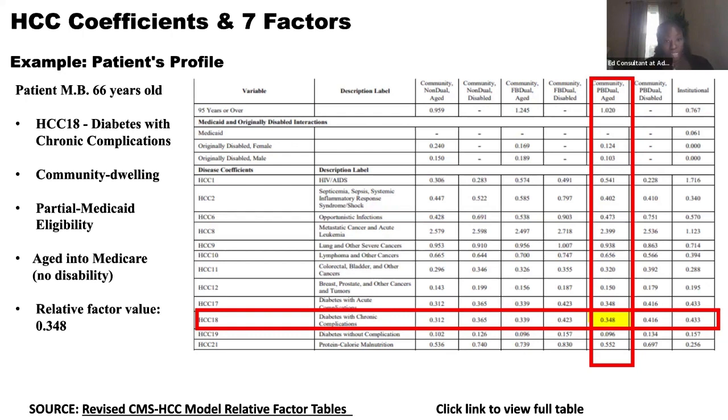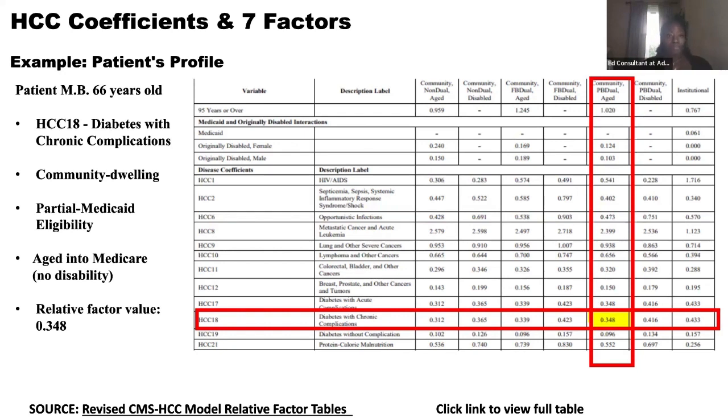Diabetes HCC 17 is the most severe because it has acute complications. What's highlighted here in red is HCC 18, diabetes with a chronic complication. Diabetic ketoacidosis would be an acute complication of diabetes, whereas diabetes with, let's say, retinopathy would be a chronic condition with diabetes.